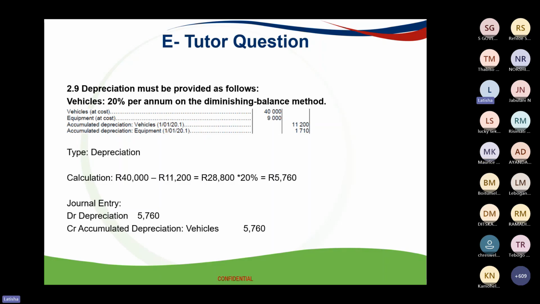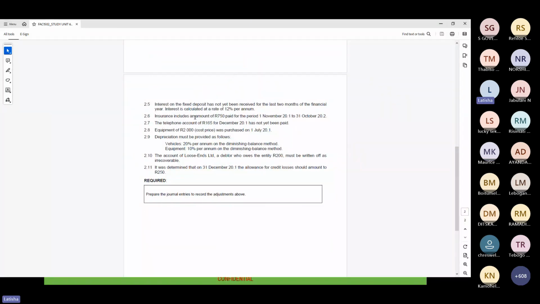So I see a few points here that I just want to go back to. Sorry for moving. The way I showed it on the slides is a little bit different. But if you look here in 2.8, they just give you the equipment purchased, and in 2.9, they give us the depreciation. When I did the slides, I put the depreciation of the 10% already with 2.8, so it's with the information.